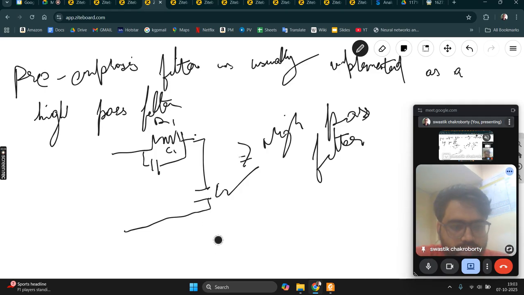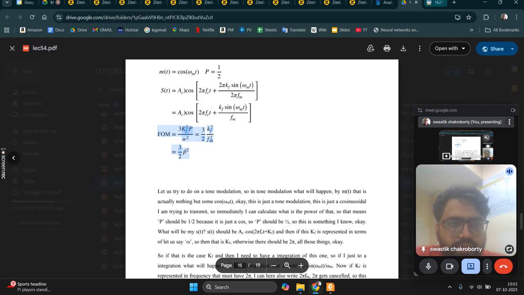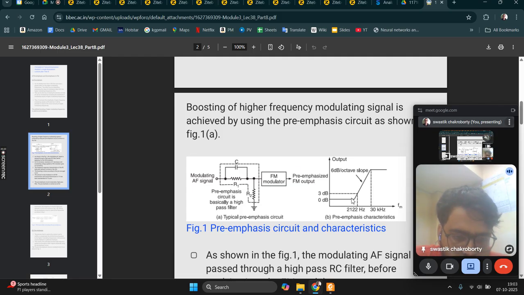This high pass filter will be tuned to a particular frequency, and it will emphasize that particular frequency element. Here you can see that from 0 dB gain up to 2122 hertz there is 0 dB gain, so there is no emphasis being done. After that there is an emphasis of 6 dB per octave slope. So there is a gain in this region, for 30 kilohertz bandwidth. After 30 kilohertz it again flattens.